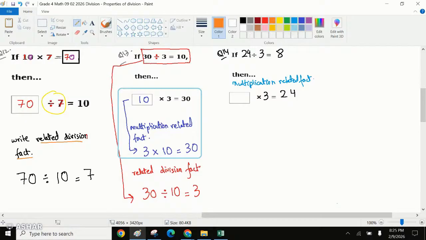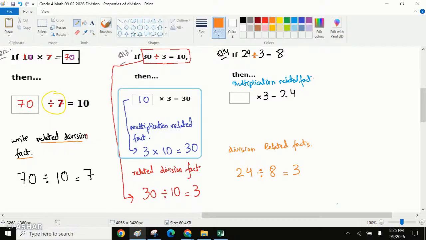Multiplication related fact. And let's see, division related fact. Okay. Let's find all of them. When 24 was divided by 3, that means 24 divided by 3 was 8, then 24 divided by 8 should be equal to 3.